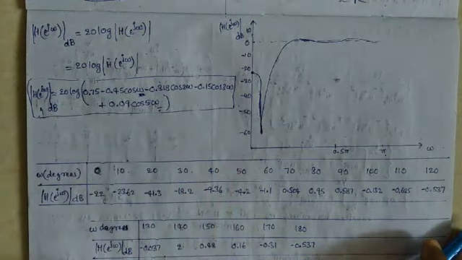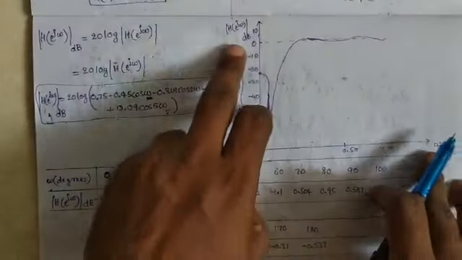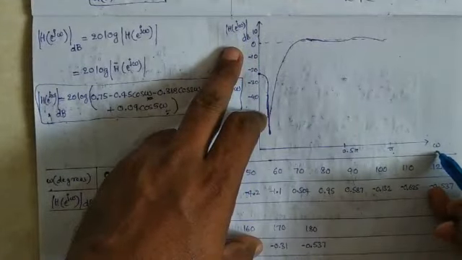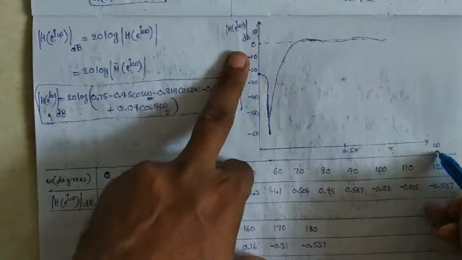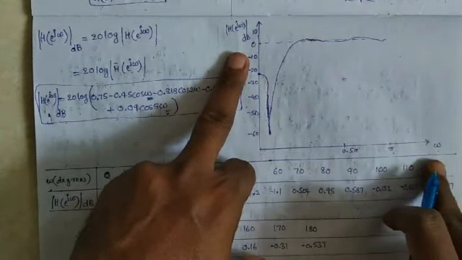The magnitude plot is the plot of the decibel magnitude of h of e power j omega versus omega.